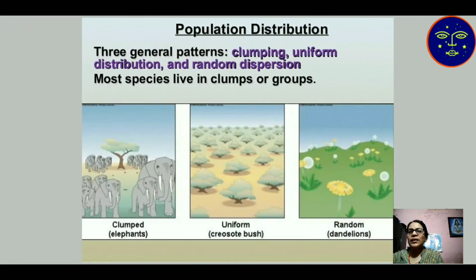Then population distribution. Three general patterns are there for population distribution: clumping, uniform distribution, and random dispersion. Most species live in clumps or groups. That means clumped, individuals are clumping. In uniformly distributed populations, all the organisms remain uniformly spaced in a particular space.